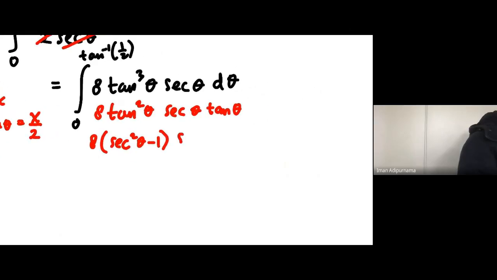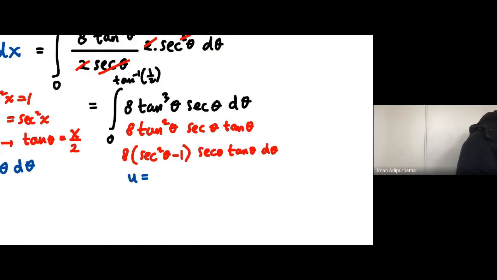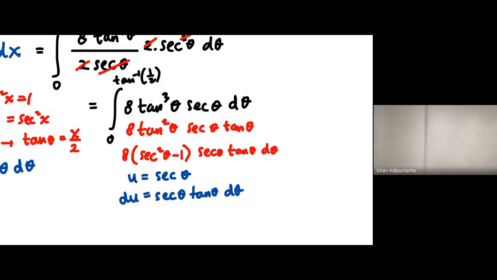And let me just write secant theta, tangent theta, d theta. So I will use substitution of secant. With u as secant theta, I will get secant theta tangent theta as my derivative.